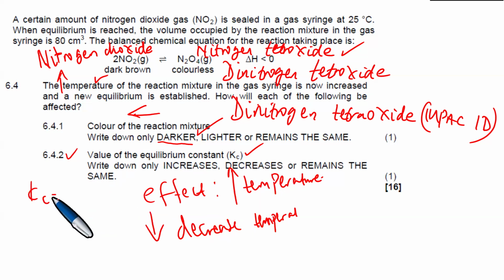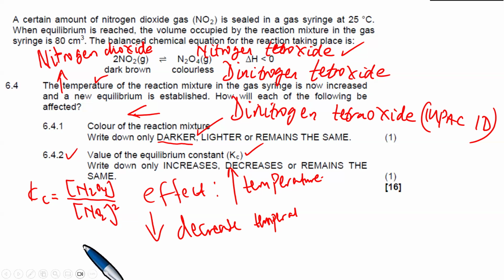First things first, Kc is N2O4 divided by NO2 squared. And what is the meaning of this?